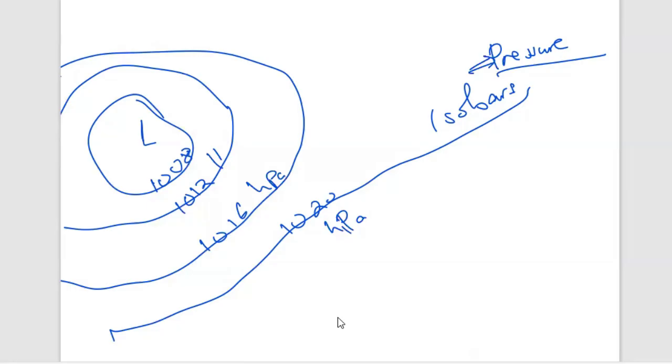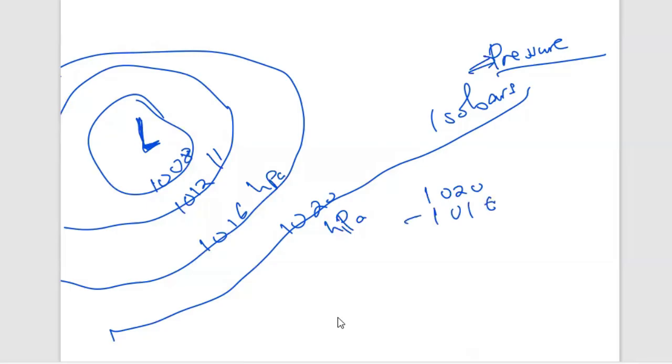Right. This L here, we said it represents a low pressure cell. And if we try to figure out, let's look at the differences between the values of our isobars. The outermost here is 1020, and the one which is following it is 1016.